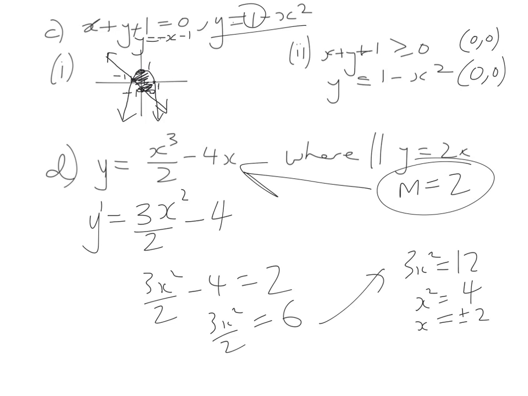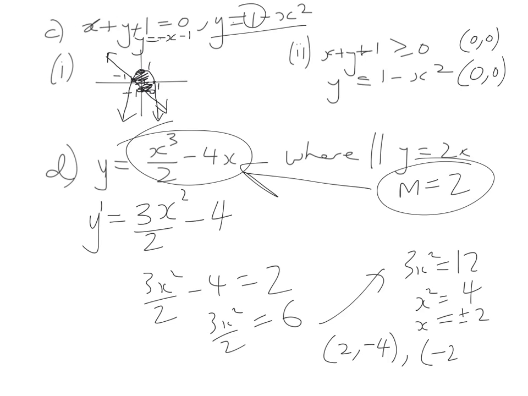Now we need the coordinates, so we need to sub both of those into the original function y to get the coordinates. So when x is positive 2, we sub that in to here, we get 8 over 2, which is 4, minus 4 twos are 8. So at positive 2, we get an answer of negative 4.